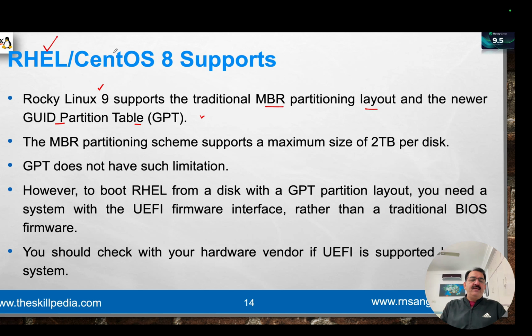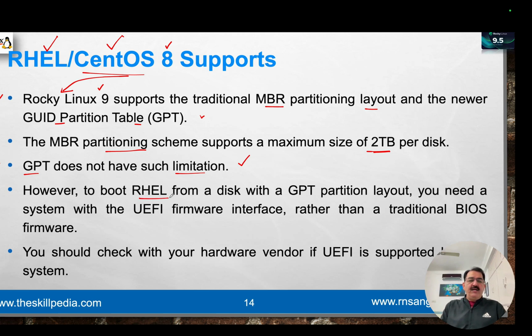Whether it is RHEL or CentOS version 8 or 9, CentOS is replaced by Rocky now, therefore I am using Rocky. The MBR partitioning scheme supports a maximum of 2 terabytes of disk space. GPT does not have such a limitation, so you can have bigger sizes supported by the GPT partition table.